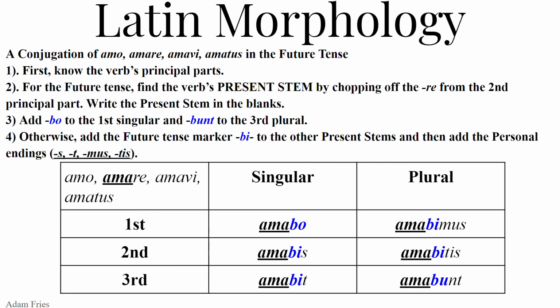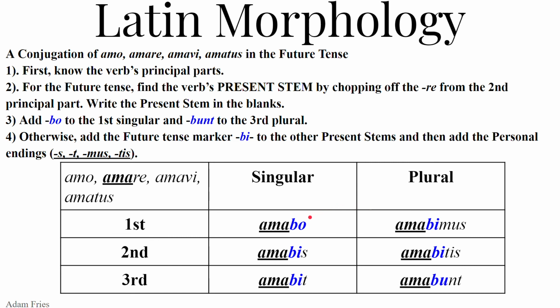Bi, that is for the future. So add bi to the second person singular, third person singular, first person plural, second person plural. And then we're going to add the personal endings, the s, t, mus, and tis to that. So all in all, we're going to end up with amabo, amabis, amabit, amabimus, amabitis, amabunt.